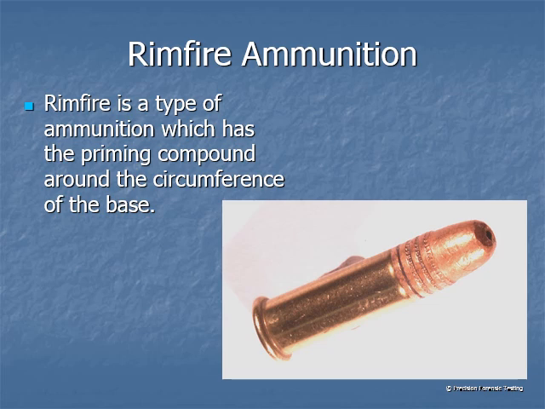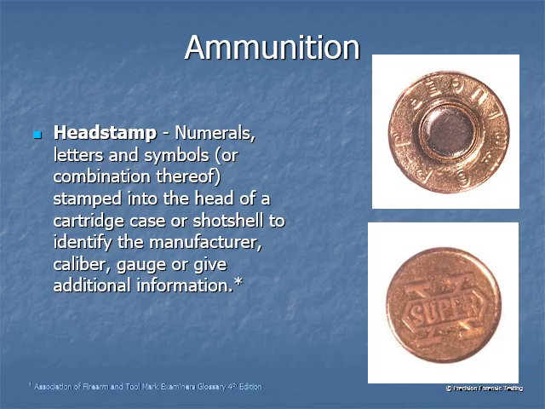Rimfire is one that has some priming compound around the base down here, not necessarily just a primer area, but really around the base. Of the types of ammunition, you should never go only on the information, but you'll see the caliber, the gauge, and the manufacturer a lot of times will put information here.